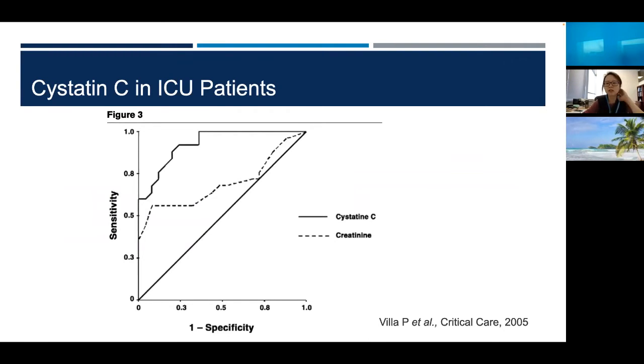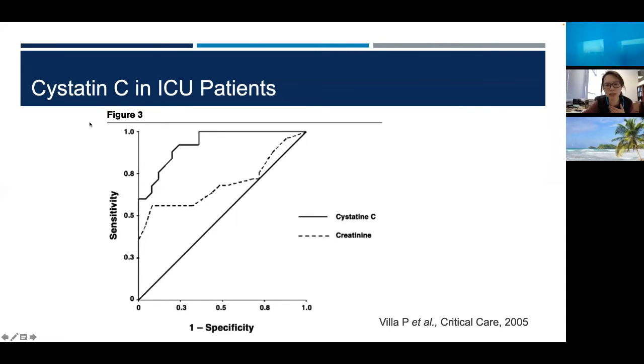This figure is a ROC plot that compared the sensitivity and the specificity of serum creatinine and cystatin C in detecting the renal dysfunction, compared with what they think is a gold standard, the 24-hour urinary creatinine clearance. For those people who are not very familiar with the statistics, I had to actually look at the meaning of the ROC plot.